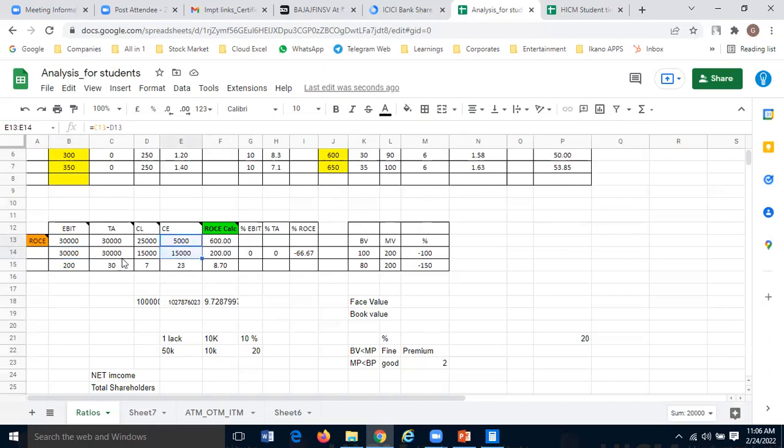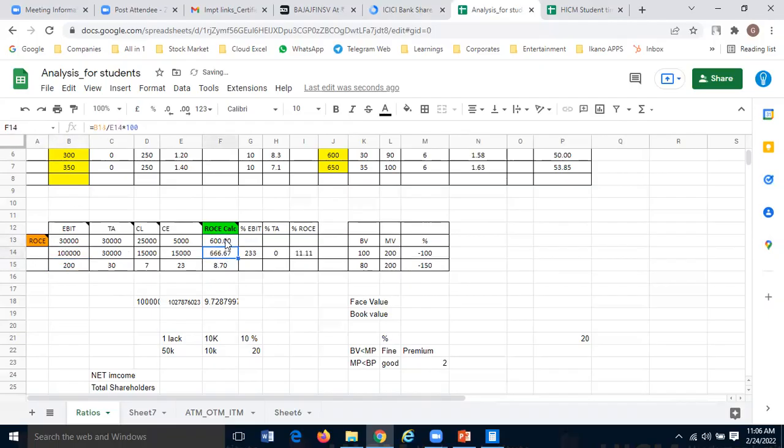That is why ROC has decreased. If capital employed increases, EBITDA should also increase. So if EBITDA becomes 15,000, 50,000, you will see ROC somewhat increase, but at least as per the capital, it should touch 1 lakh profit.